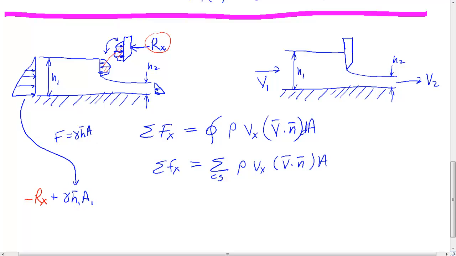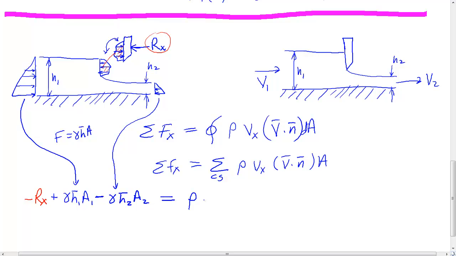H bar is nothing, or H1 bar is nothing more than H1 divided by 2, but we'll talk about that in a second. Then I'm looking down here, I have this minus, so this one goes right here, gamma H2 bar A2, and that's all the forces I have.